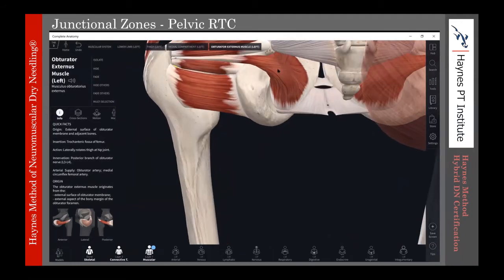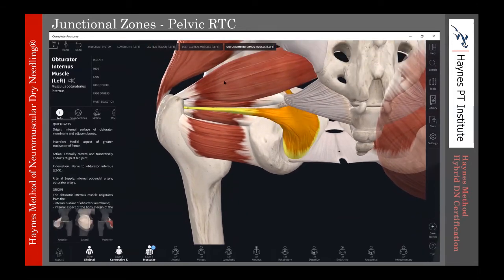For our purposes here, we're going to needle all of these, except the piriformis, in a single needling redirection as we get more into the pelvic floor. Then we'll look at needling over into the muscle belly itself.